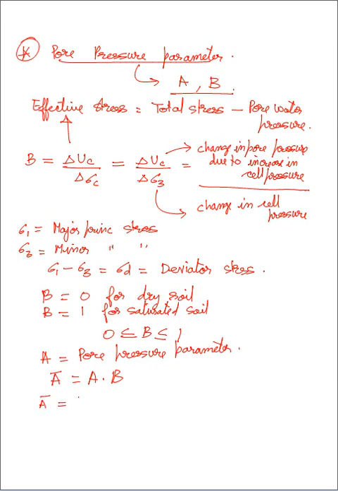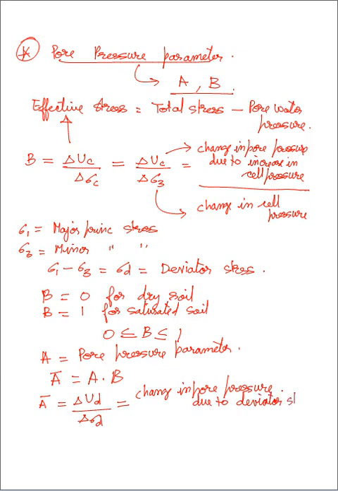It is equal to delta UD upon delta sigma D, where D stands for deviator stress. So delta UD is the change in pore pressure due to deviator stress.